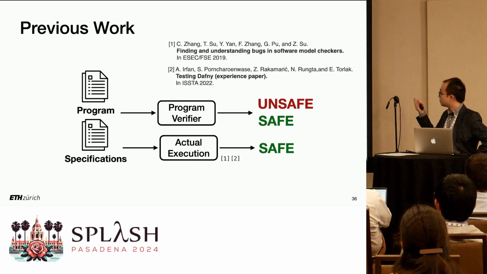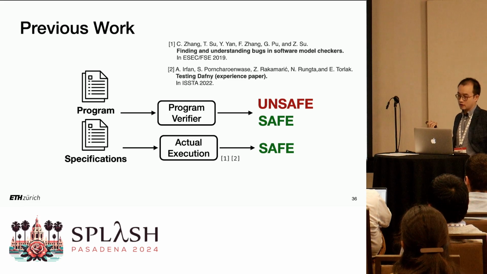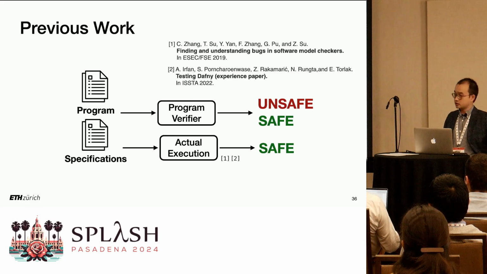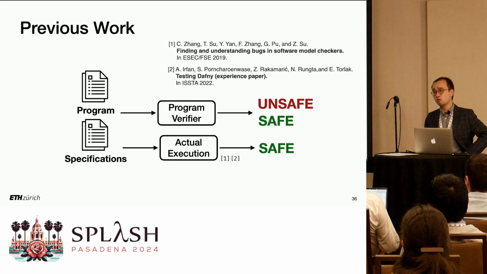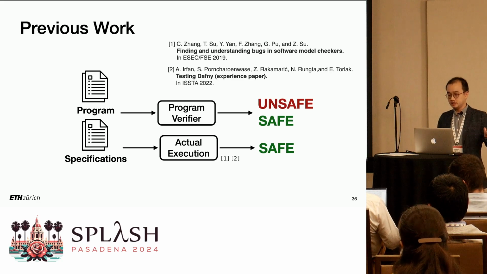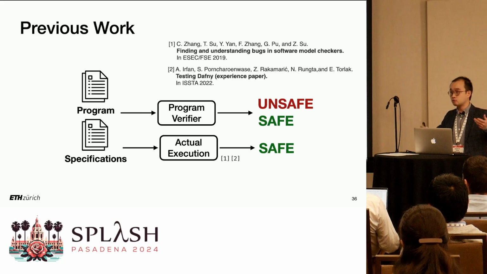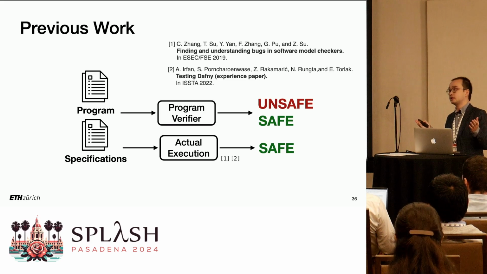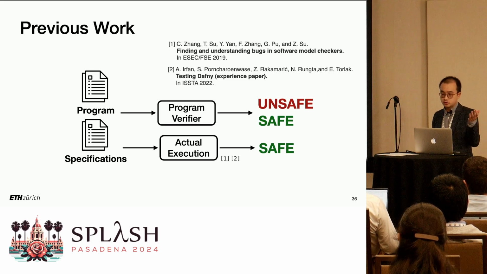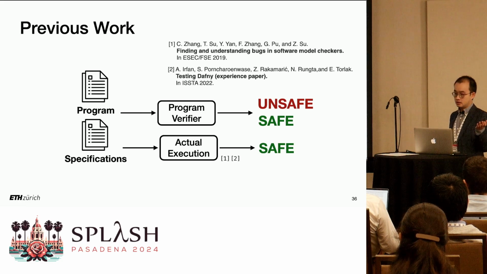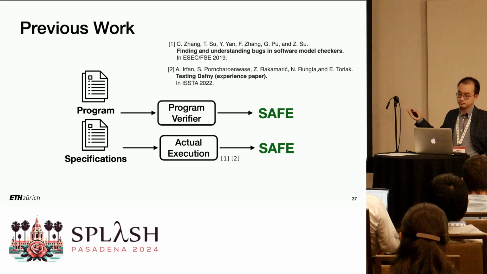One from my previous work and one also from Dafny, and they want to know whether the program verifier result is correct or not. And what we essentially did is actually use actual execution as a reference for the verification process. So if our actual execution reports safe, then program verifier should report safe, right?